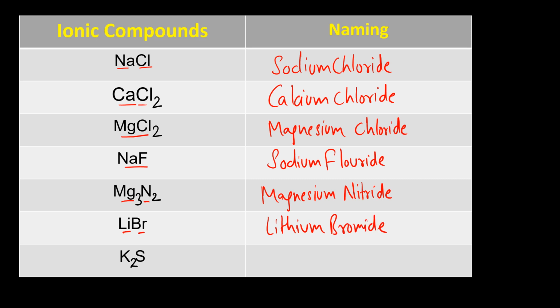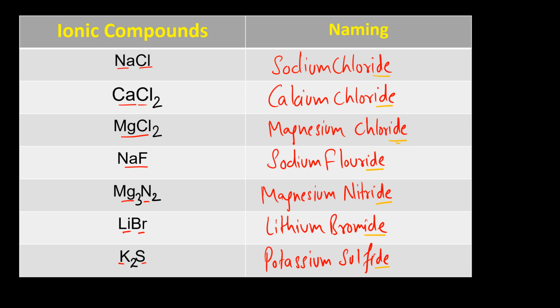Last but not least, we have a compound of potassium and sulfur, so it's going to be written as potassium sulfide. So now you can see in these examples that we have written "ide" with all of our anions. So "ide" is written with all anions. So this is the way we are supposed to write the name of an ionic compound.